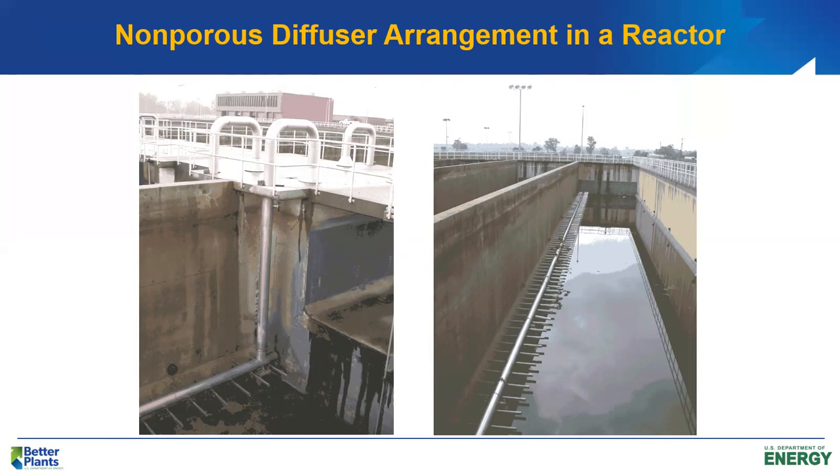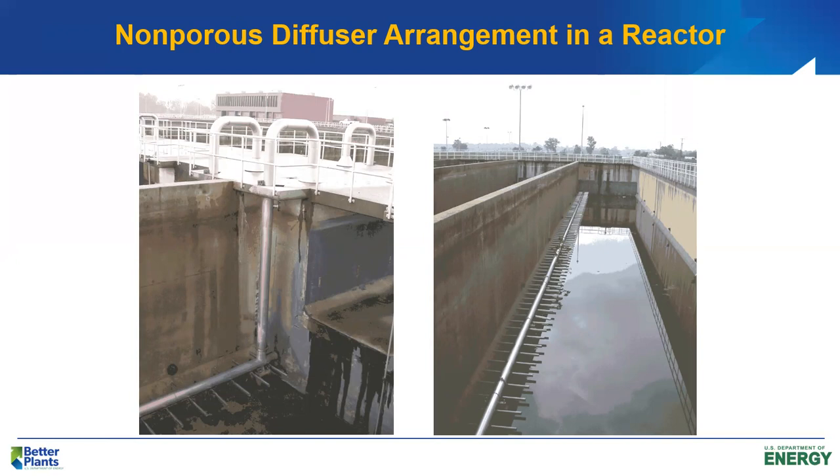When these basins were constructed in the mid-1970s, the diffusers were laid out along the length of the reactor, and we had the same amount of diffusers at the front of the reactor as we do at the tail end. So what we typically see in these aeration basins is maybe a DO concentration of 0.5 milligram per liter or less at the front end, because that's where most of the oxygen demand is exerted.